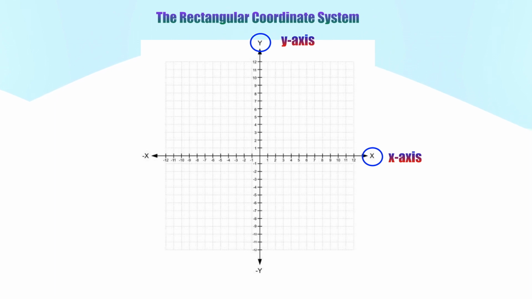On the right of the y-axis are positive numbers, and on the left of the y-axis are negative numbers. Above the x-axis are positive numbers, and then below the x-axis are negative numbers.